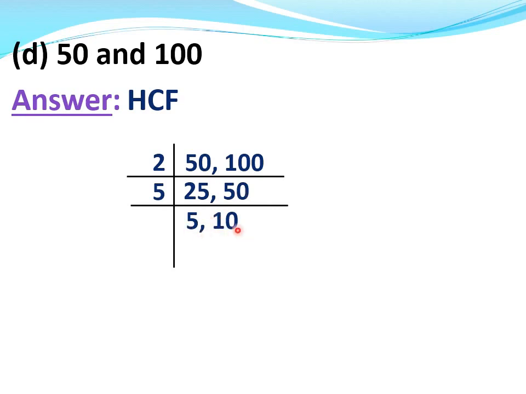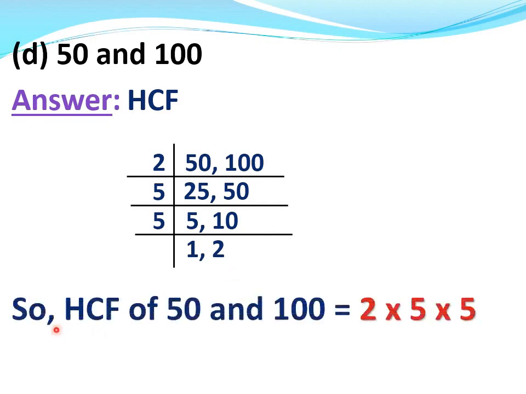Divide 5 and 10 by common prime factor. These both numbers are divisible by 5. Write here 5. See, 5 multiply 1 equal 5, 5 multiply 2 equal 10. Now factorize this 1 and 2. 1 and 2 are not divisible by any common prime factor, so we will not factorize further.